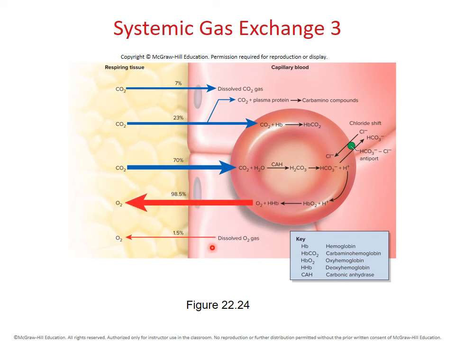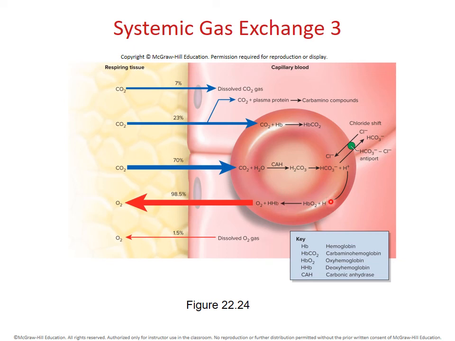At the same time, recall a very small percent of the oxygen that's dissolved in the plasma is also going to be diffusing along its concentration gradient. And so this is again the 22% or so of the oxygen content of the hemoglobin that typically diffuses out into the tissues. And so the deoxyhemoglobin that's produced by this does what?